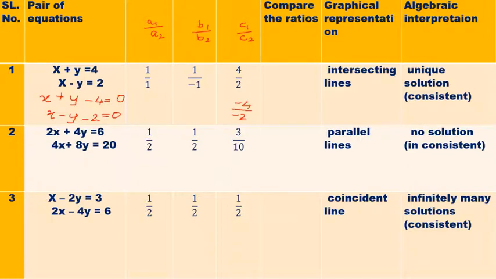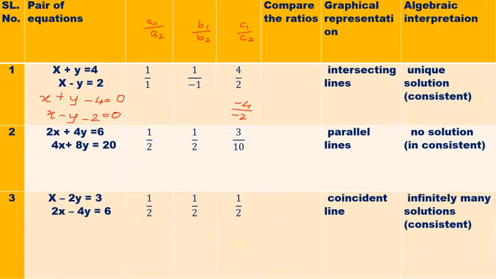Now we are going to see the pair of equations. We are going to compare the coefficients a1 by a2. In the first case, x plus y equal to 4, the coefficient of x is 1. And in the second case also, coefficient of x is 1. So a1 by a2 will come as 1 by 1, which we know equals 1. Now we are comparing the coefficient of y, b1 by b2.